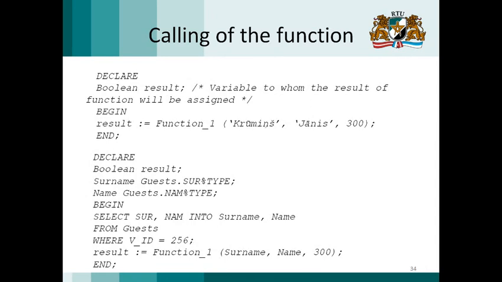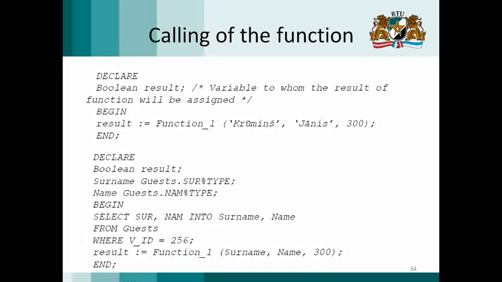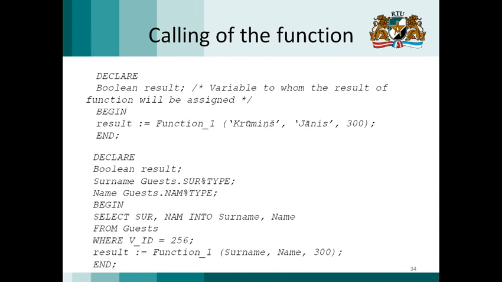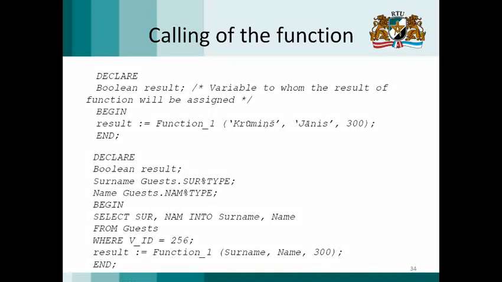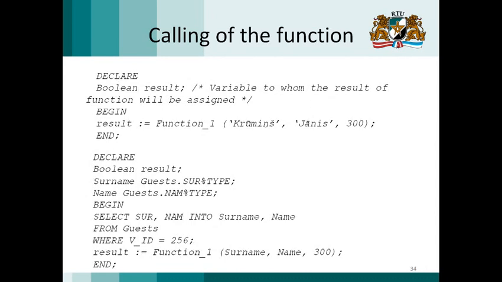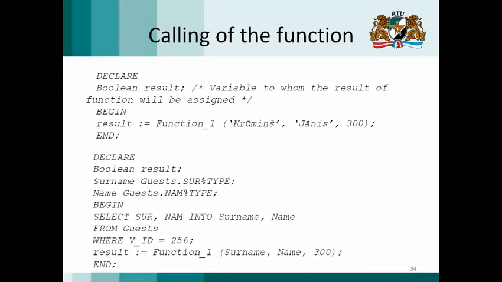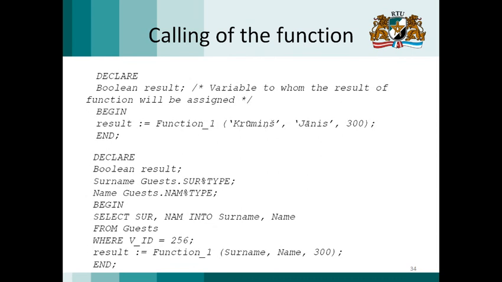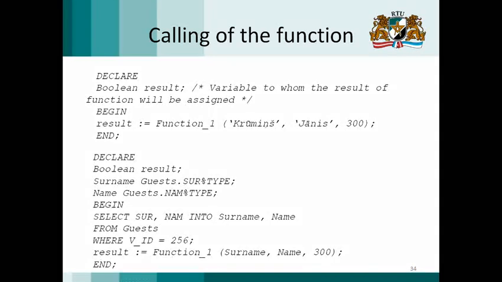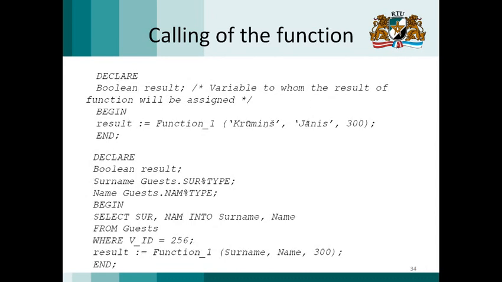Okay. So we could also do it in a slightly more complicated way. This is also this result, which will be defined, but we also define some other variables. In this case, it is surname and name, and this type is taken from the table guests. So in this case, this is guest table surname type, this is guest table name type.